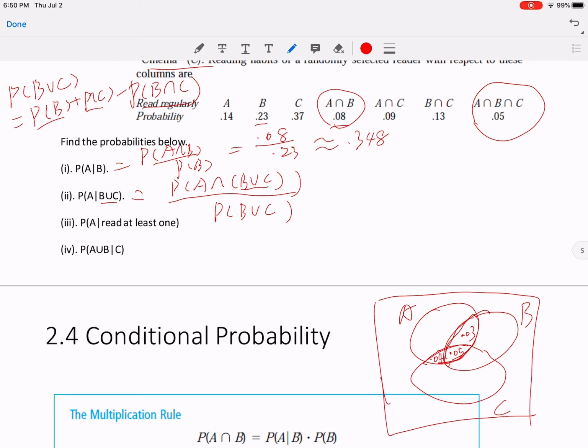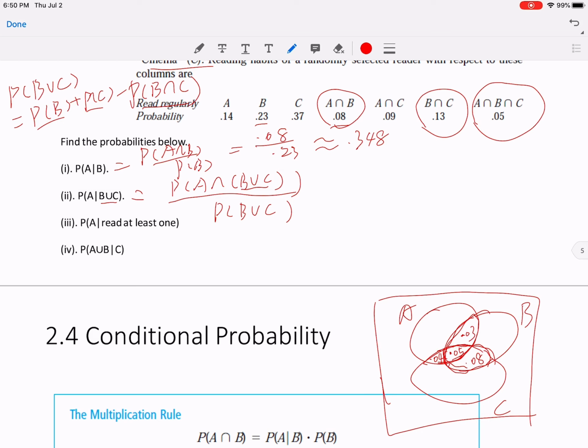So we have 0.04 for this part. And then this part represents B intersection C, and we know the probability of B intersection C is 0.13. So this part over here would be 0.13 minus 0.05, which is 0.08. So we have 0.08 for this part here.